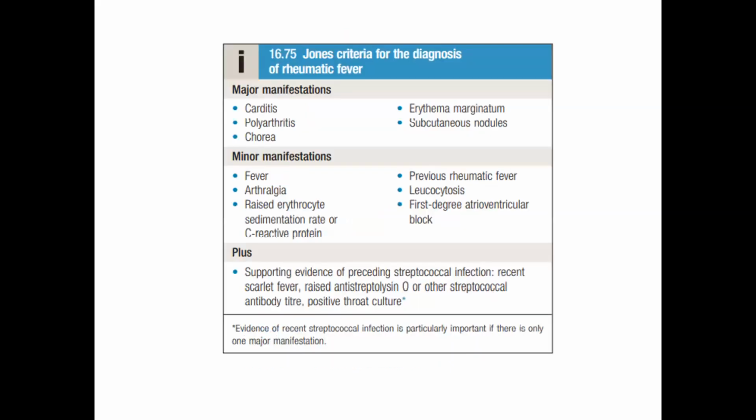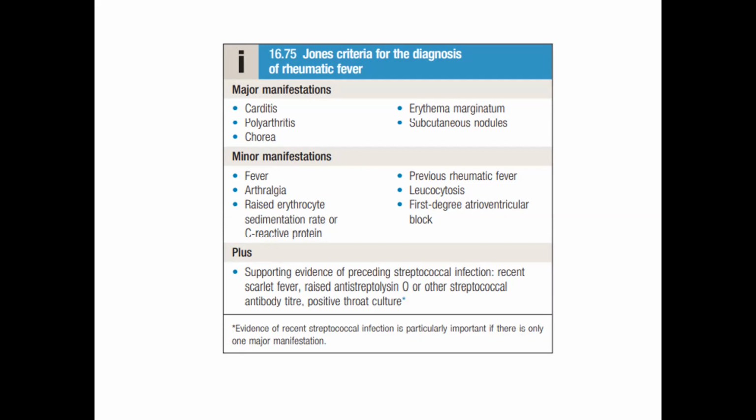There is something known as Jones criteria. Anyway, for refreshment, we are seeing Jones criteria of rheumatic fever once more. Dr. Jones is the one who gave this criteria, and it consists of major manifestations and minor manifestations. Major manifestations: carditis, polyarthritis, chorea, erythema marginatum, and subcutaneous nodules.